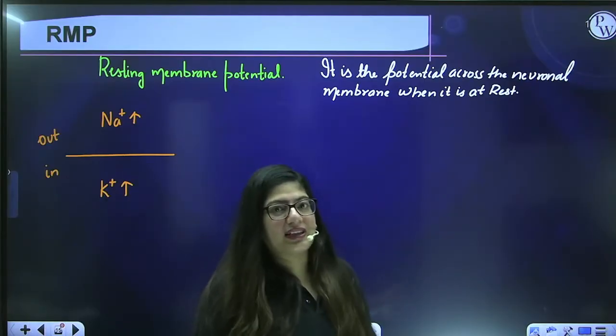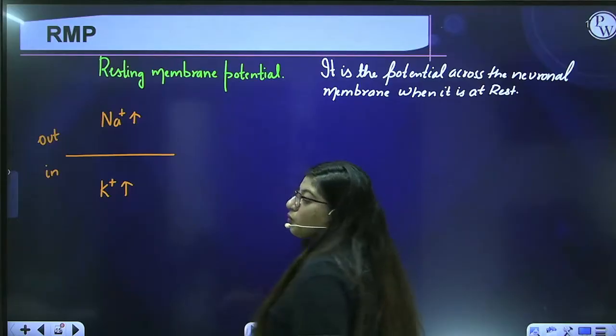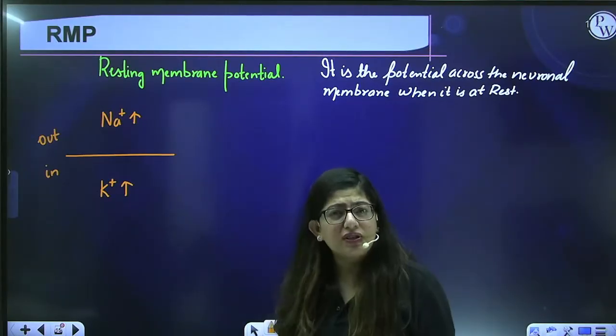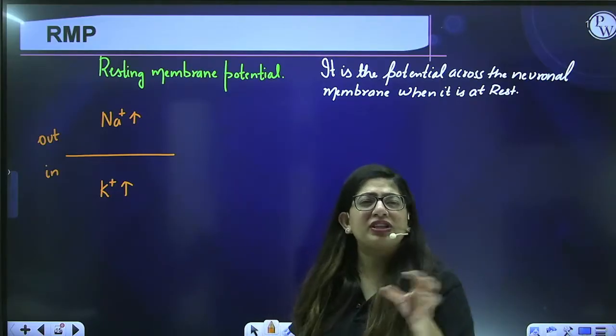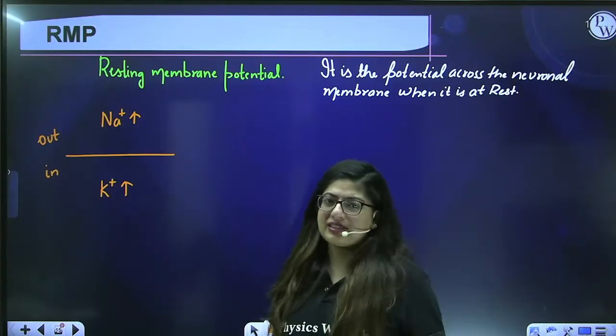Outside the cell is the body fluid, the interstitial fluid. What is interstitial fluid? The fluid present in between the tissues, right? And the potassium ions are higher inside the cell.